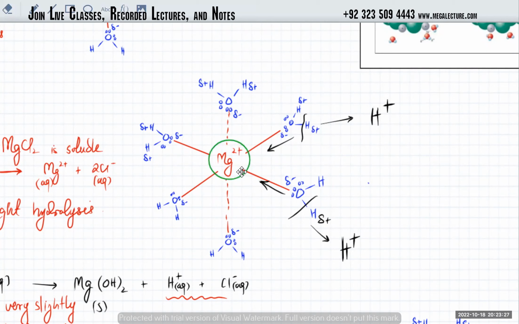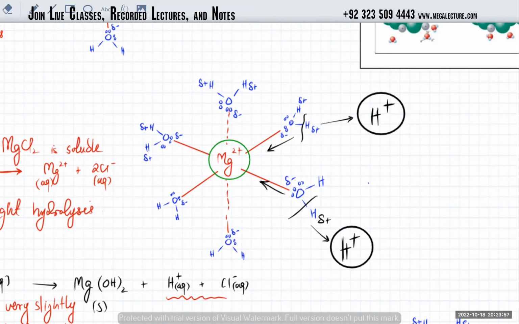So what will it do? It's going to repel the H positive, right? So there are chances that the H will get knocked out, and the H+1 will dissociate. A few of the H+1 in water molecules might get knocked out. Do you understand this?